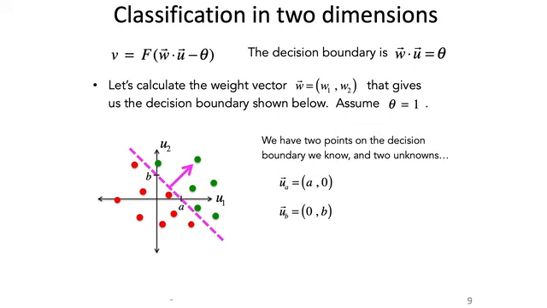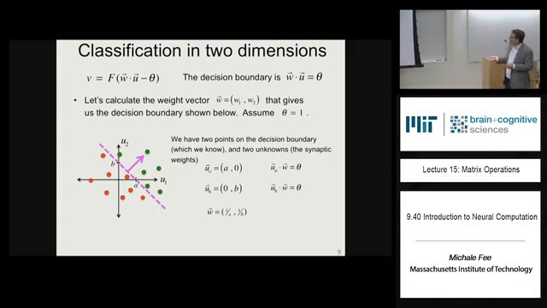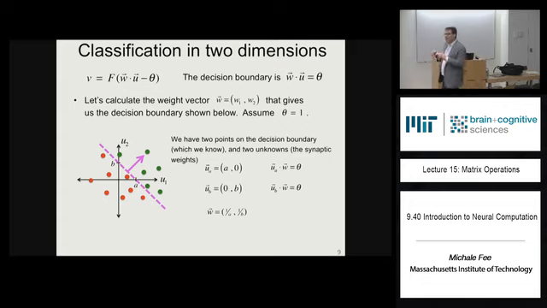So we have 2 equations, UA dot W equals theta and UB dot W equals theta, and we can just solve for W1 and W2, and that's what you get. Okay? So the weight vector that gives you that decision boundary is 1 over A and 1 over B. Those are the two weights. Any questions about that?